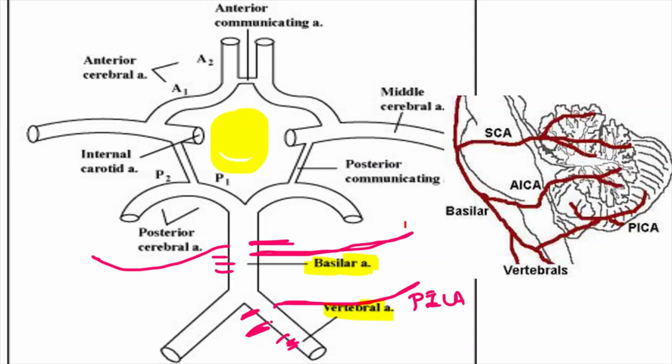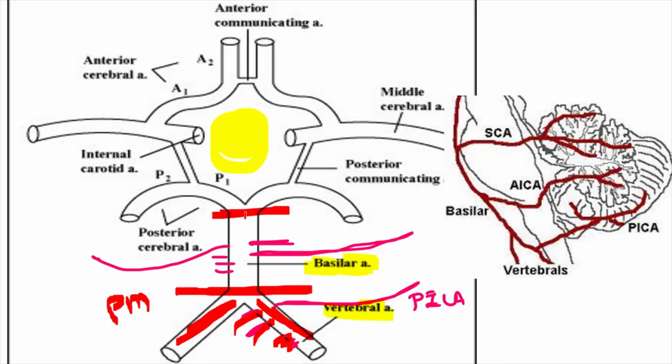So this is another representational image for the vertebrobasilar system. Here the vertebral artery comes. There are 5 branches for the vertebral artery. The first are the anterior spinal, posterior spinal, and the medullary branches. This is the pontomedullary junction. It is the upper part of the pons.